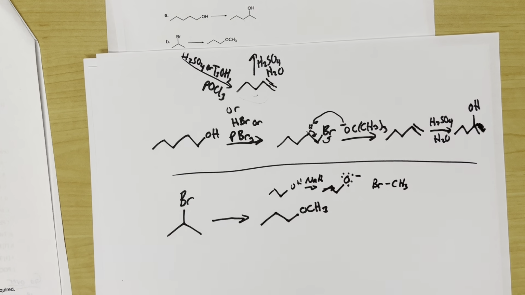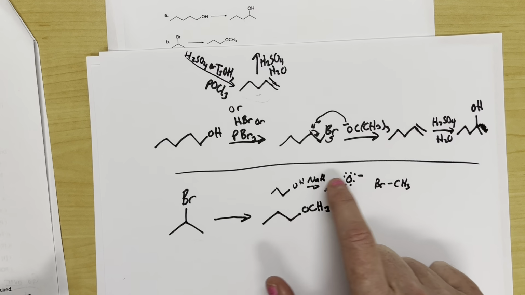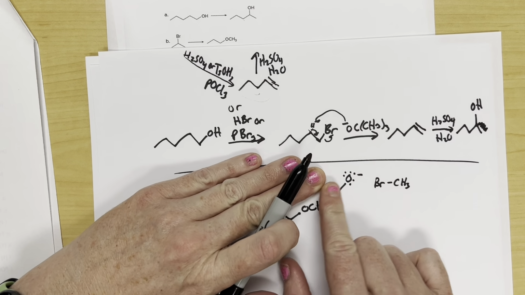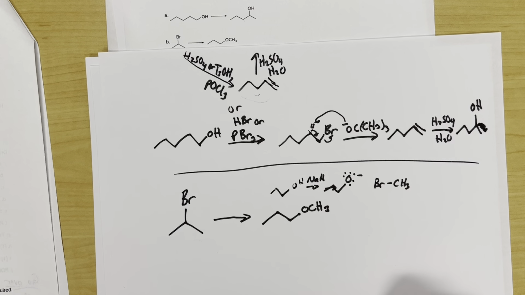Remember, we talked about ethers. This is pretty much the only way that we know how to get ethers. But in order to do that, we have to get the OH on the primary carbon.